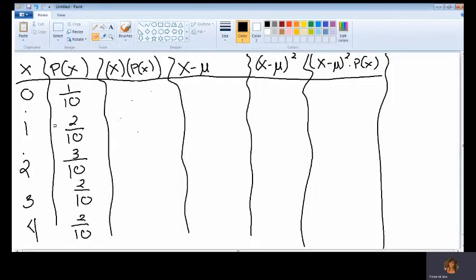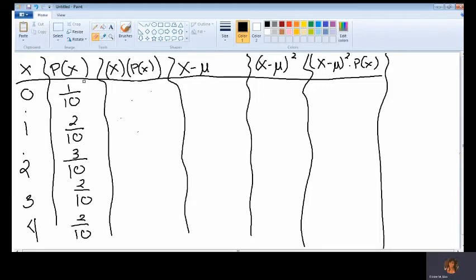The number of cars sold per day at the local car dealership, along with its corresponding probabilities, is shown in the succeeding table. Compute the variance and the standard deviation of the probability distribution by following the given steps. So these are the random variable x, and these are the probability of random variable x.